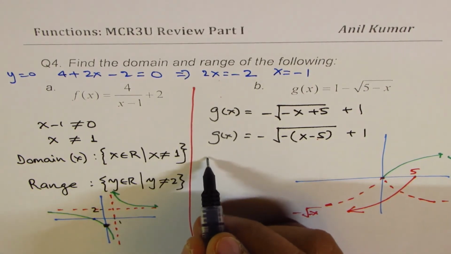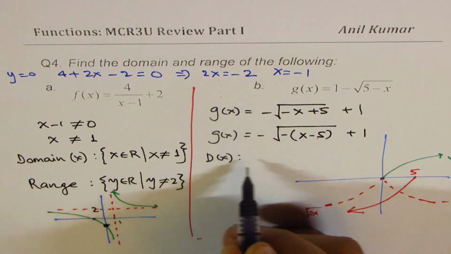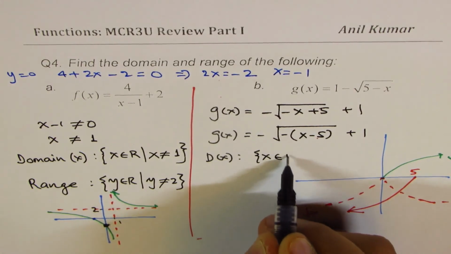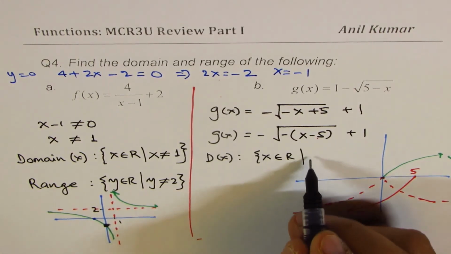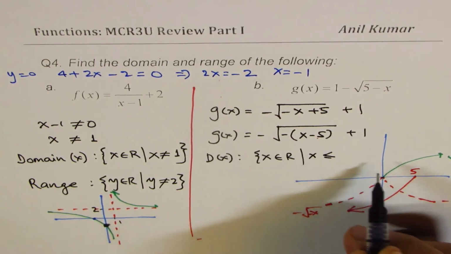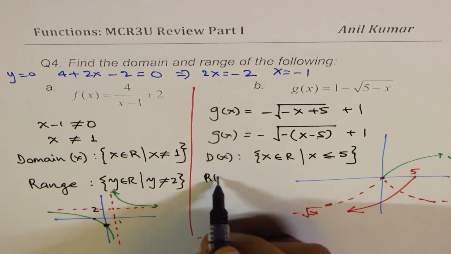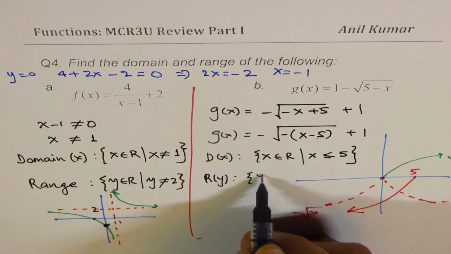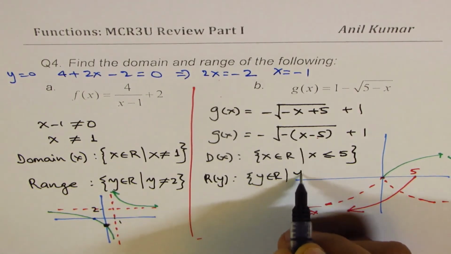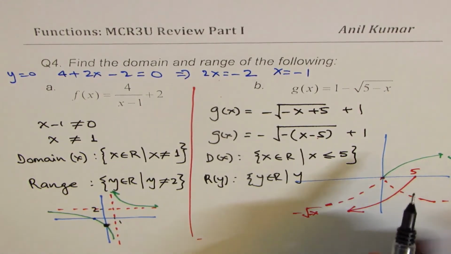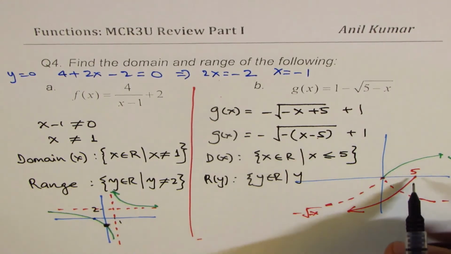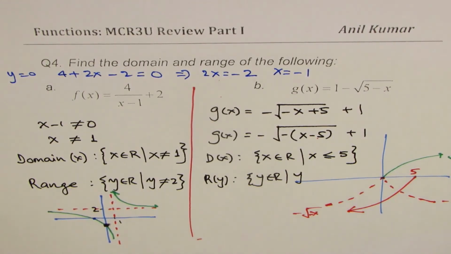So you can write domain is x belongs to real numbers, where x is less than or equal to 5. Does that make sense to you? And the range is y belongs to real numbers, where y is, now I forgot to do plus 1, so I have to take it up 1 unit.